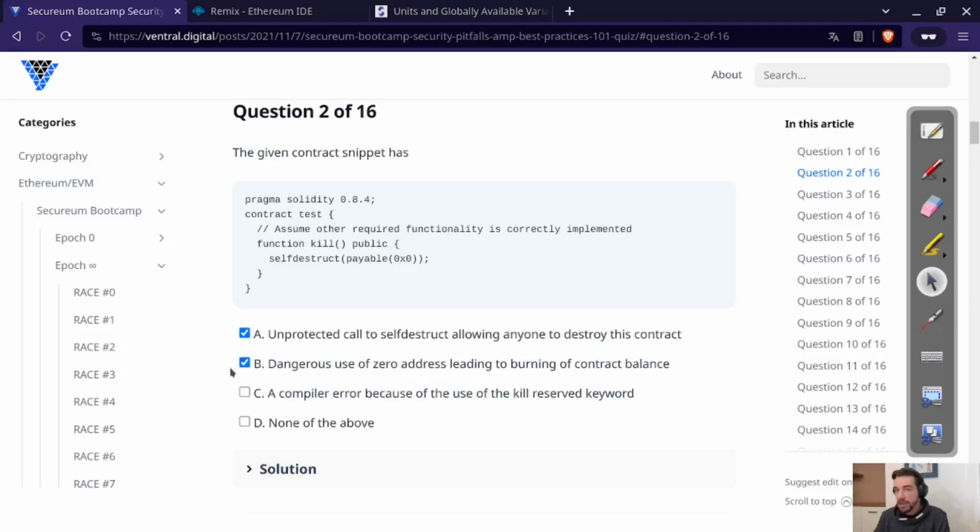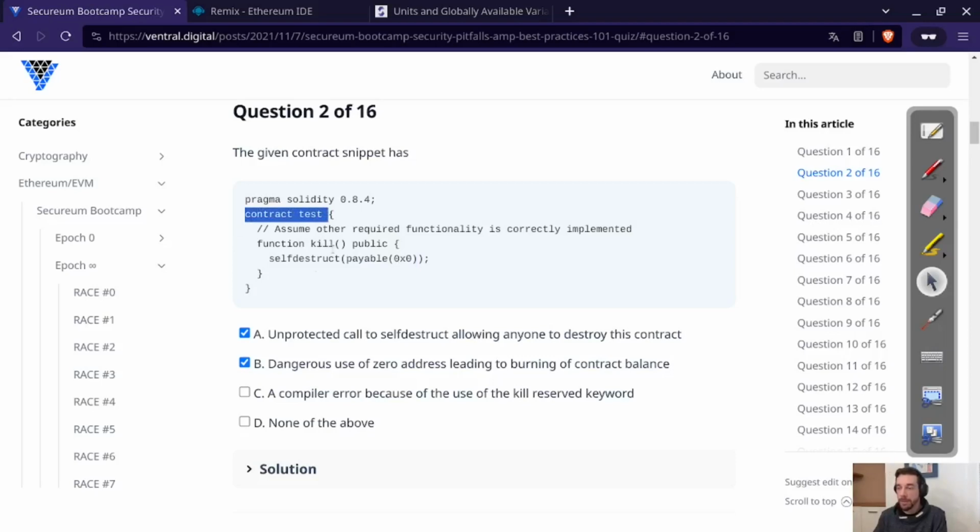One important thing here again to know though is that this only sends ether funds. This is only the ether value that this test contract is currently holding. This does not do any transfers of ERC20 tokens or NFTs or anything. Anything else this contract is holding would still be stuck on this address. And the reason for that is that the balance where these ERC20 balances are stored isn't in a test contract, right?